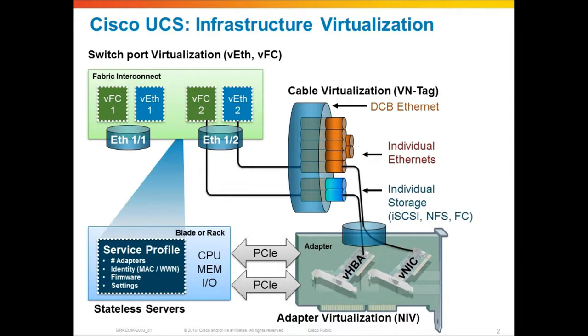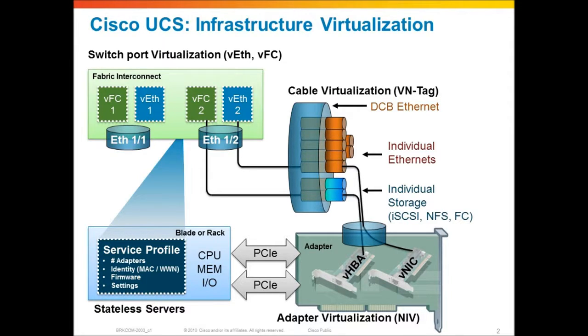And in that service profile, again, remember, it defines the number of adapters. And because we define the number of adapters, the system will automatically provision these virtual cables to connect those virtual adapters to their virtual switch port. So all of that is automatically provisioned based on this single service profile that you've created to define the service that you're attempting to stand up in the system.